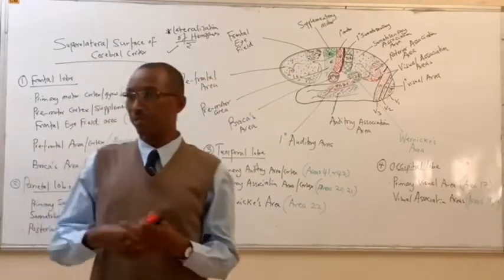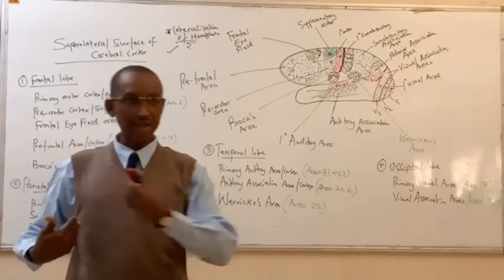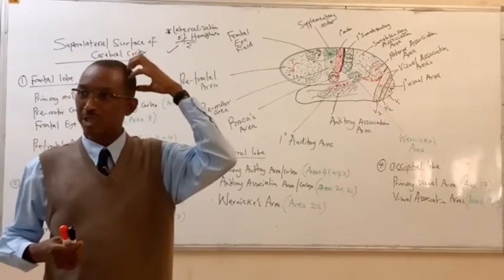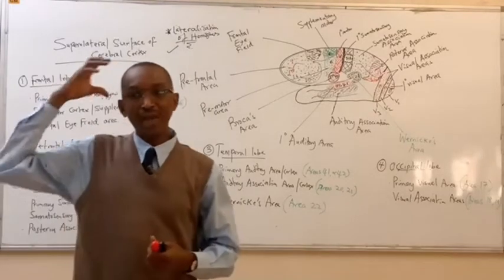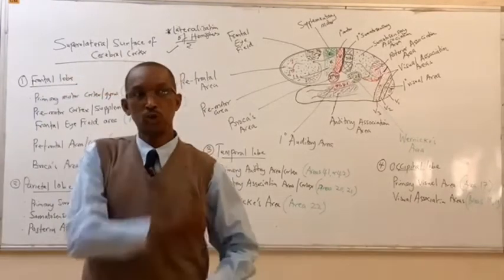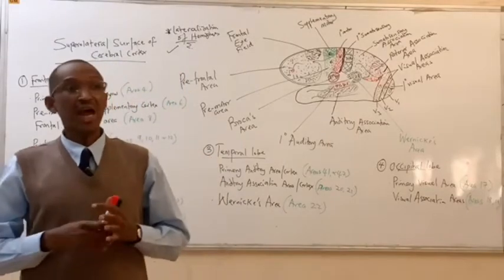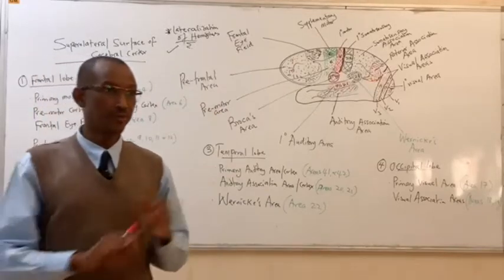If you divide the human being into two equal parts, right half and left half, my left cerebral hemisphere controls my right side. Similarly, my right cerebral hemisphere controls my left half of the body. And that is exactly what it means. This is true for both motor and sensory functions.